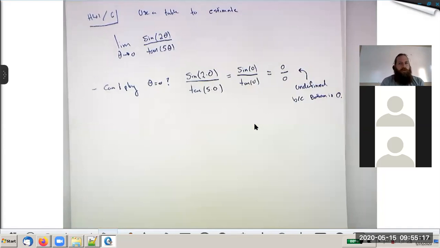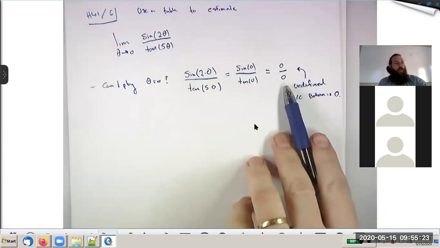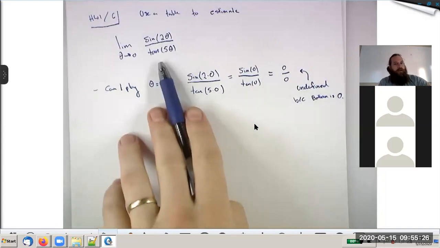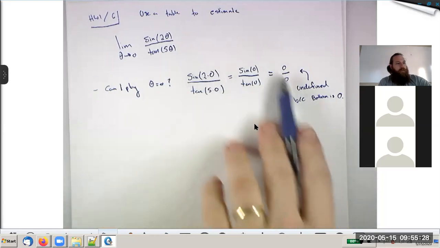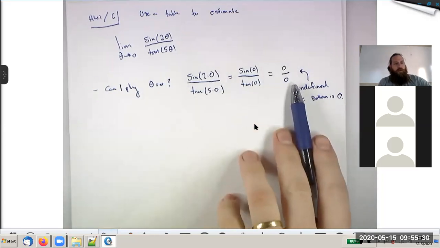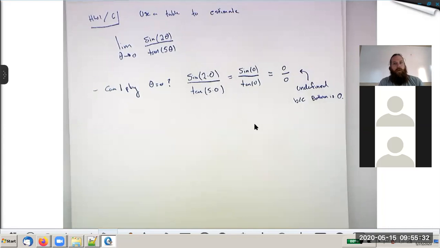So the question is, what does it mean to be undefined? It means that I can't say from this expression what the value of this limit is. The term we use for it in mathematics is an indeterminate form. It's something you can write down, built out of numbers, that isn't itself a number.